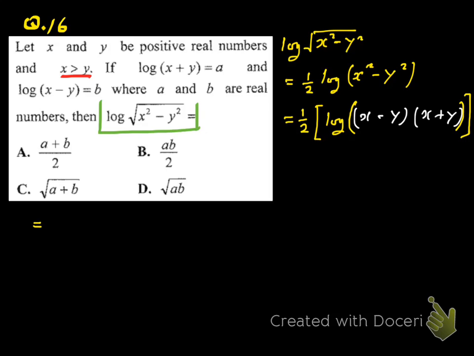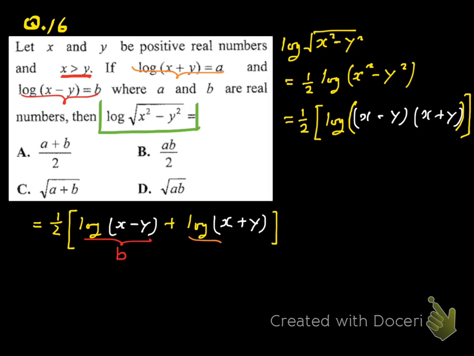And don't forget the bracket here, okay? So the log of the product times a half. So apply the rules of log, so that's log plus, and that's b, and that's a. So hence the answer here should be A.